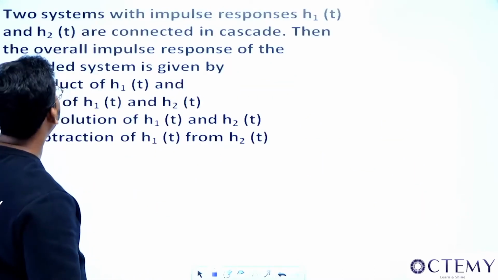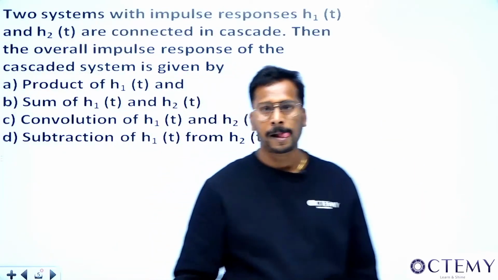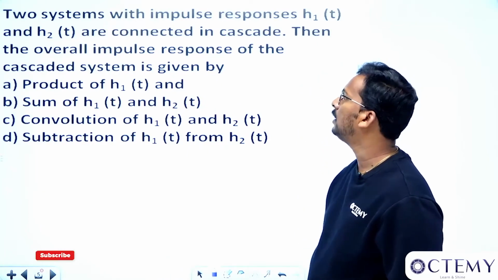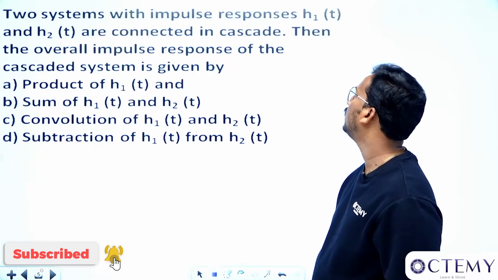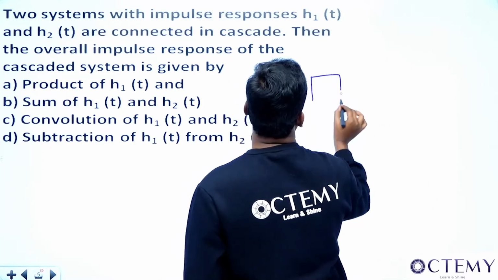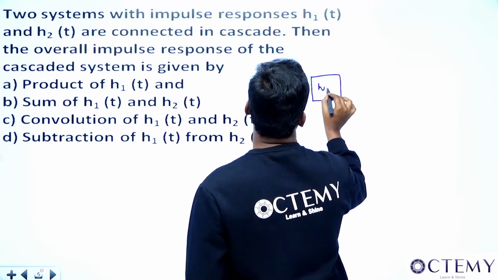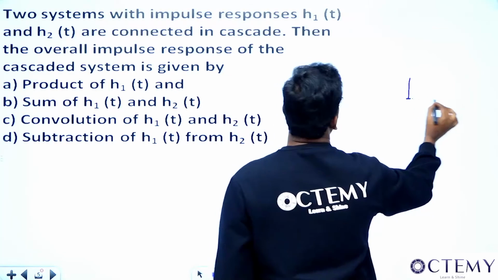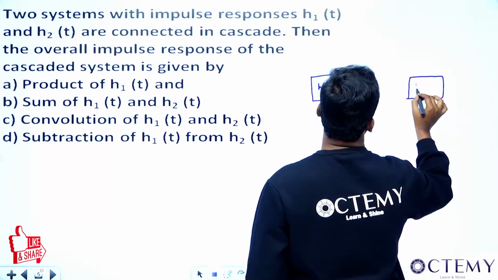Very good. If I go to the next question, see sir, what's the next question? In the next question, he says, two systems with impulse responses h1(t) and h2(t) are connected in cascade. Right? Cascade means what, sir? There is this particular block h1(t), its impulse response, and this another block whose impulse response is h2(t).